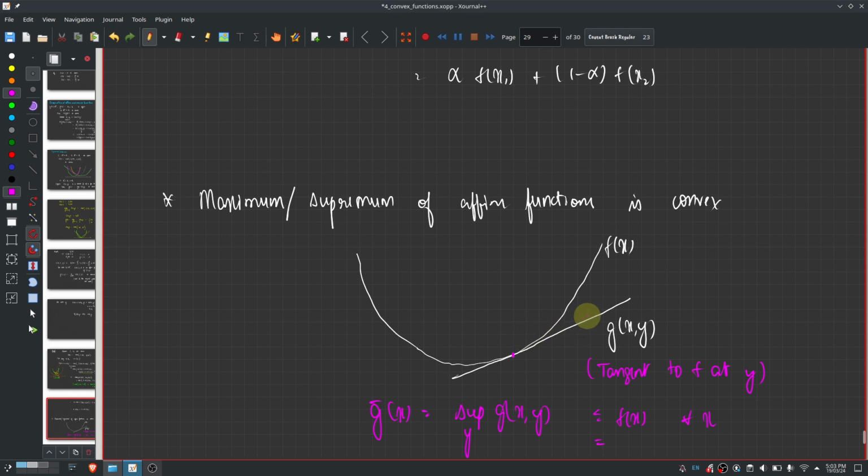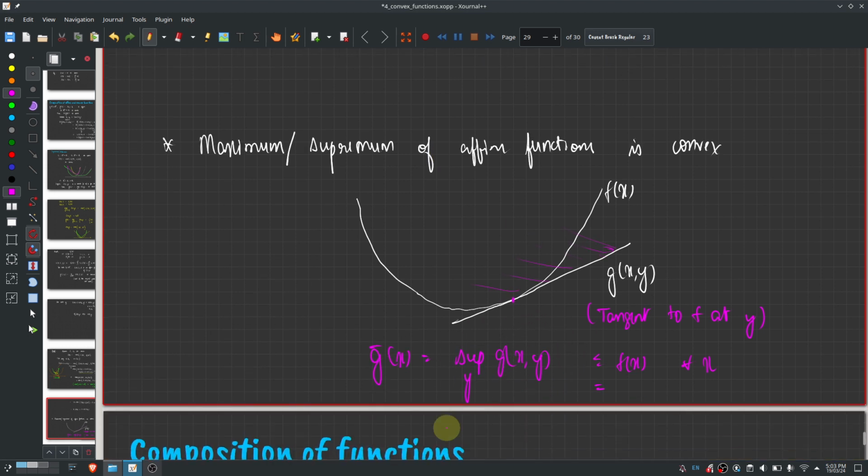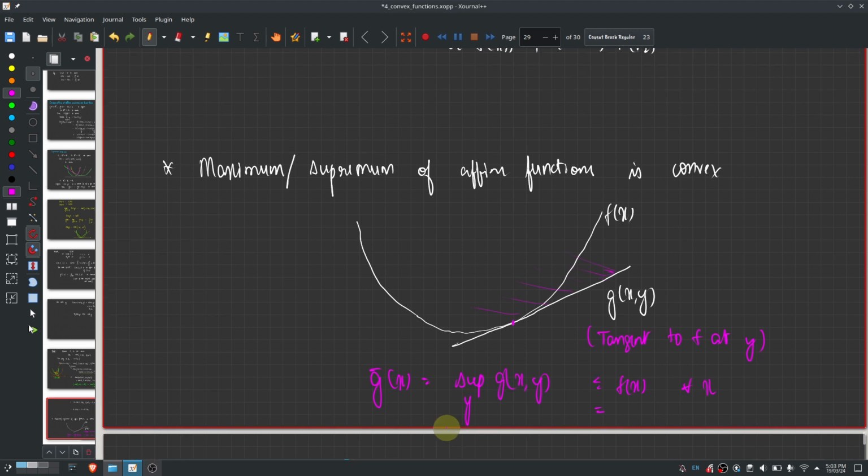Similarly, for every tangent you have a half space, so the intersection of all of these half spaces gives you the epigraph. That's a way of interpreting this statement. The boundary of the epigraph will be the convex function. All right. Any questions?